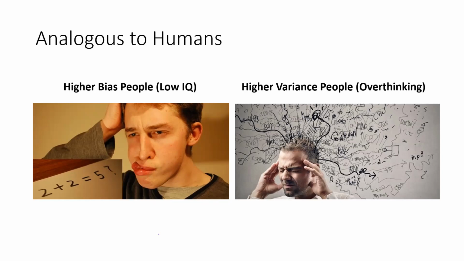But if you face some other outside world problem, you may have a very high error, or the decisions you take may be highly diverging from the actions that you should have taken, because you have created your own world inside you with the knowledge that you have gathered. So that is the overthinking, and you are kind of living in an illusion. That kind of person is a high variance person.